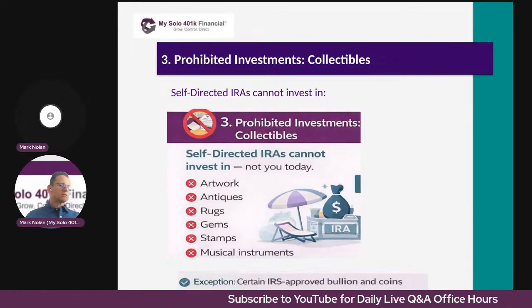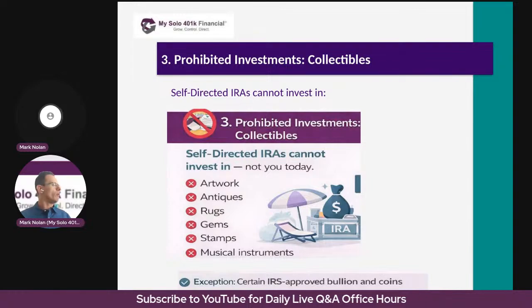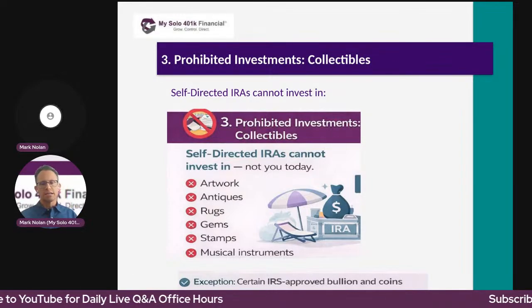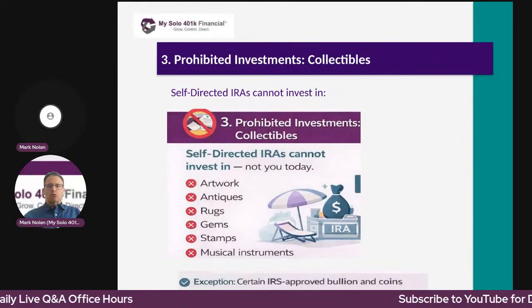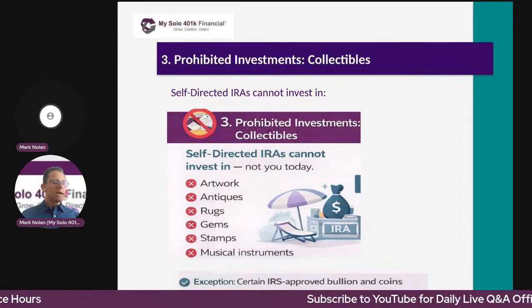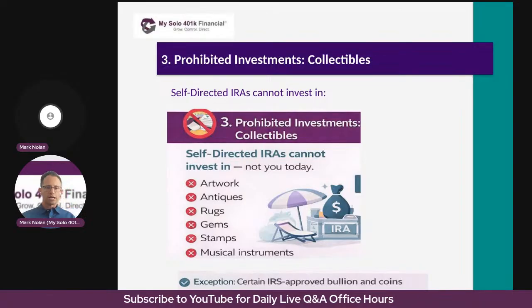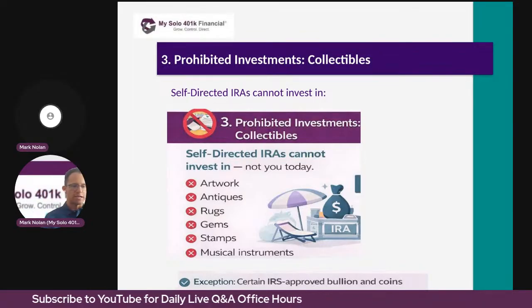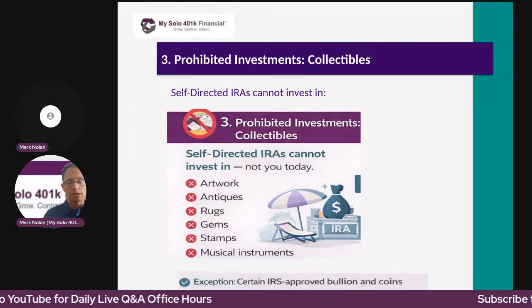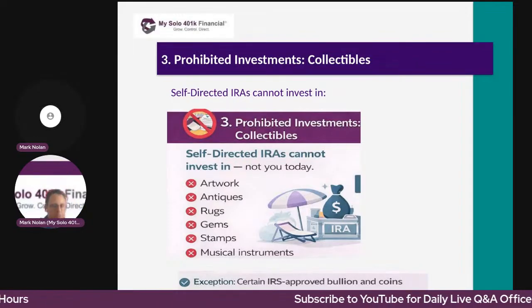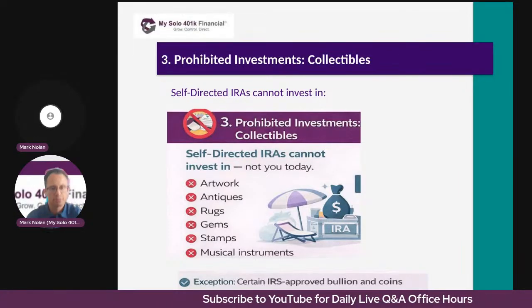And again, we already talked about the exception, which is certain bullion and coins that meet specific IRS fineness requirements. Those are permitted. So always double check before you make an investment in any type of precious metal, whether you're using a self-directed IRA or a solo 401k plan, to make sure that those are allowed metals.